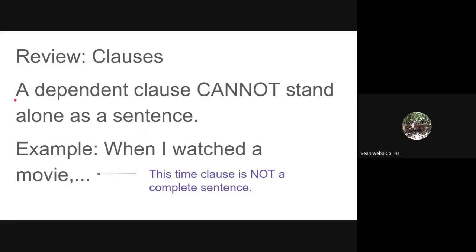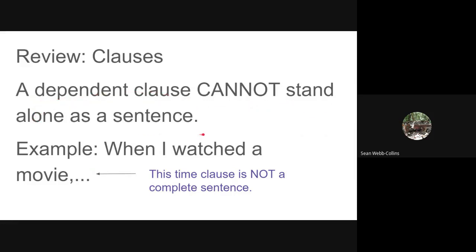Contrasting the main clause, a dependent clause cannot stand alone as a sentence. As we discussed, a main or independent clause can be a full sentence, but a dependent clause cannot.